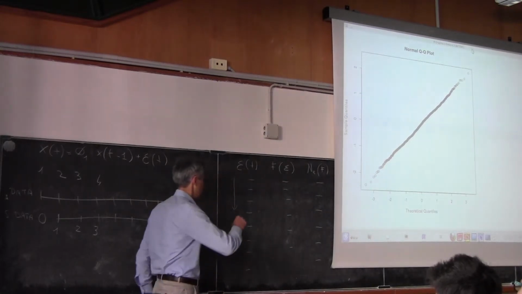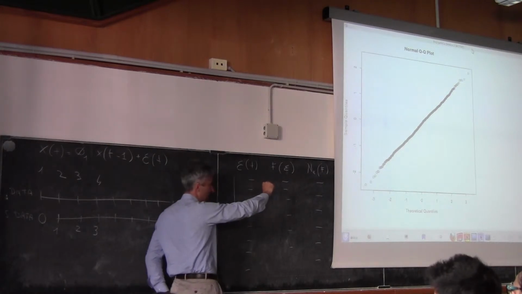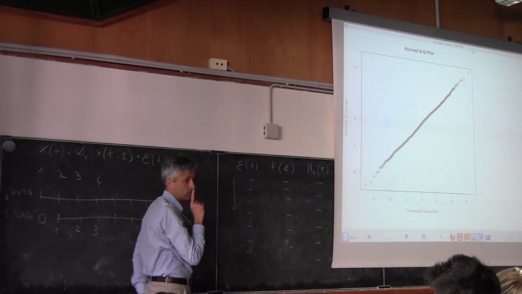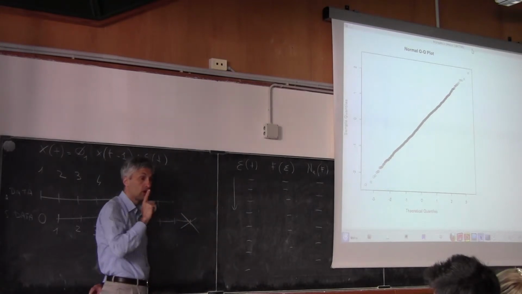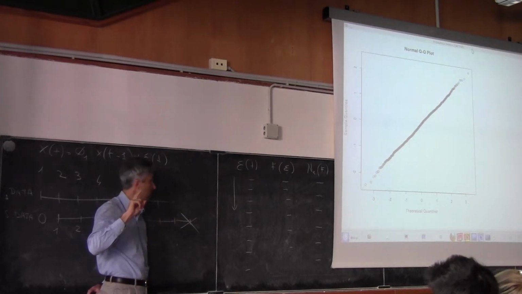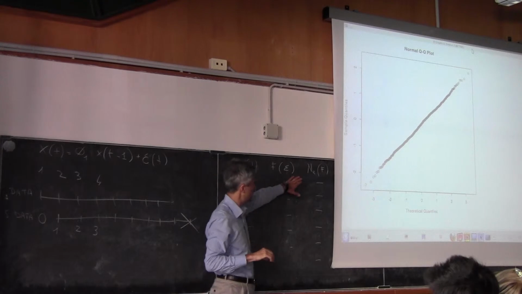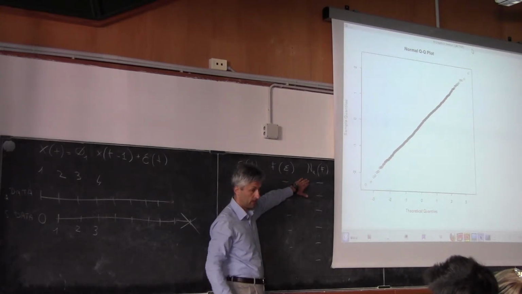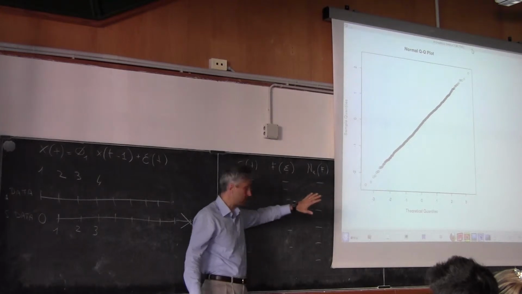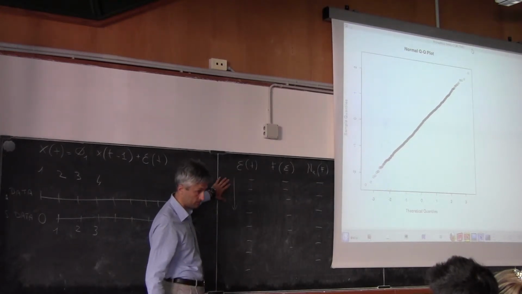So basically, I take one number, I compute the frequency of non-exceedance, and then the quantile of that frequency of non-exceedance, the normal quantile. And let's say that I take the normal quantile from a normal probability distribution, of course, which has the same mean and same variance with respect to epsilon.